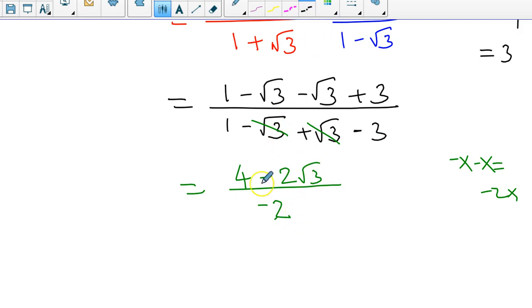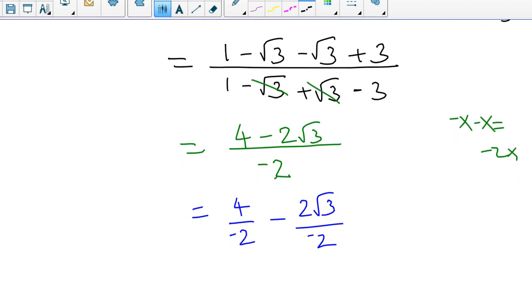And the last step, it is going to be 4. See, it's the same, a single denominator I have, so I can split it off. Each term of the numerator can be separated. 4 over negative 2 minus 2 root 3 over negative 2. So what is the result?